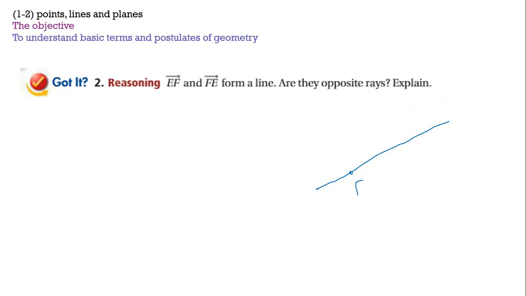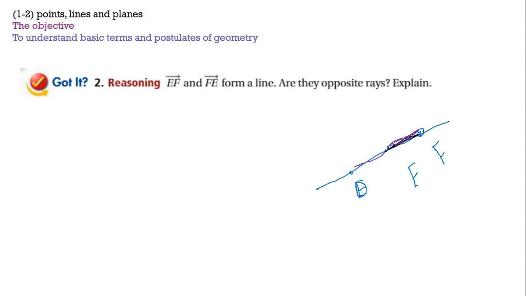We have E, F, and D. Now, EF, this one, and FD, FE, this one.